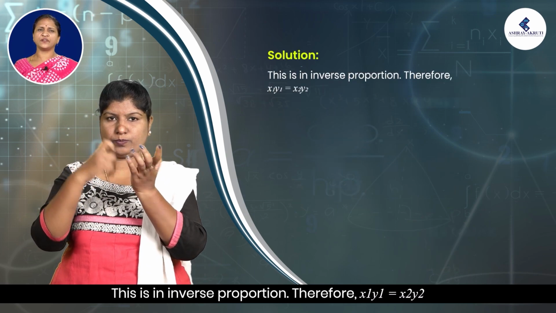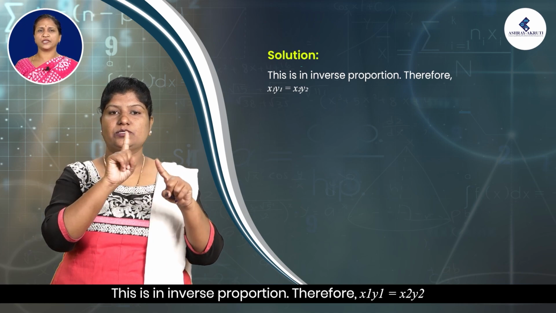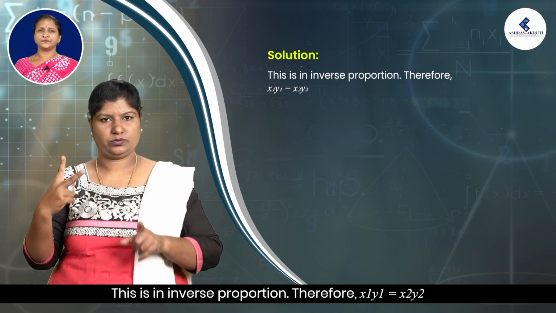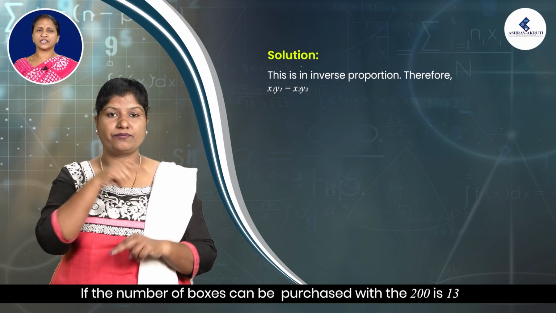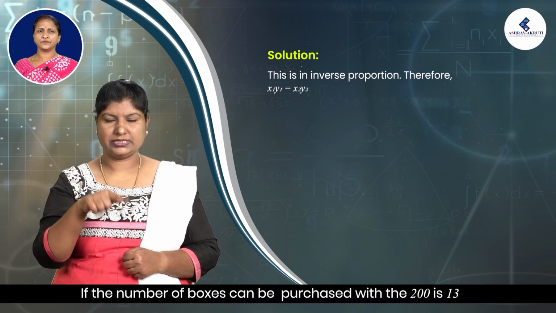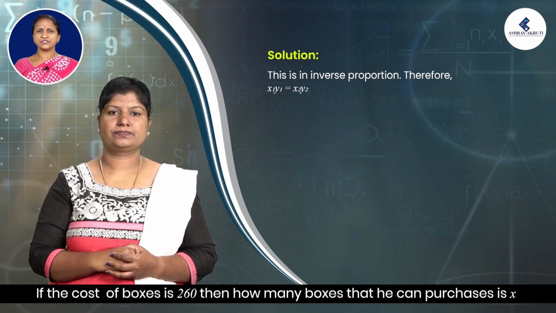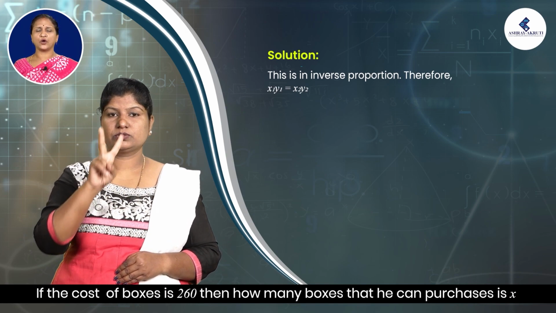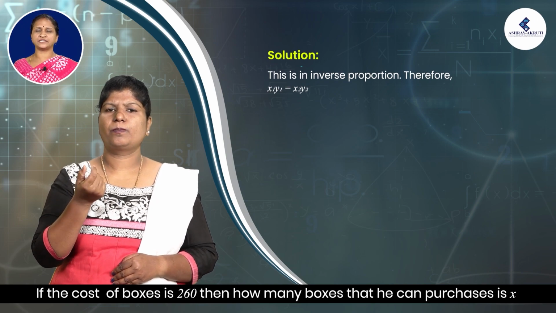Therefore, x1 y1 is equal to x2 y2. If the number of boxes that can be purchased with 200 is 13, and if the cost of a box is 260, how many boxes he can purchase is x.